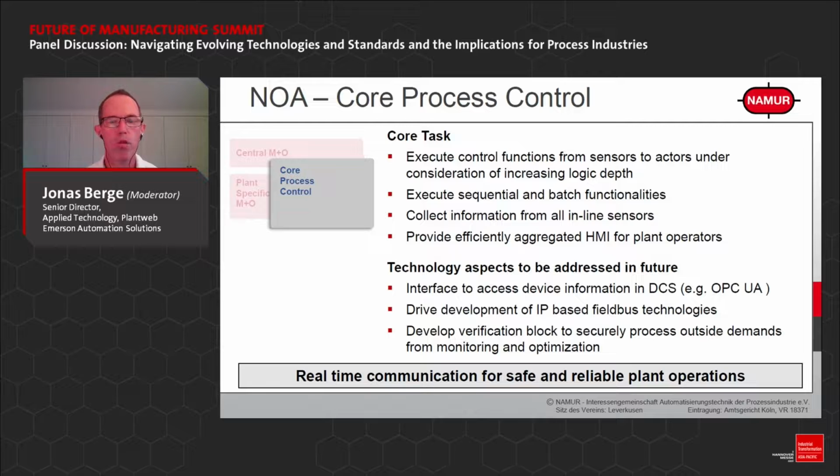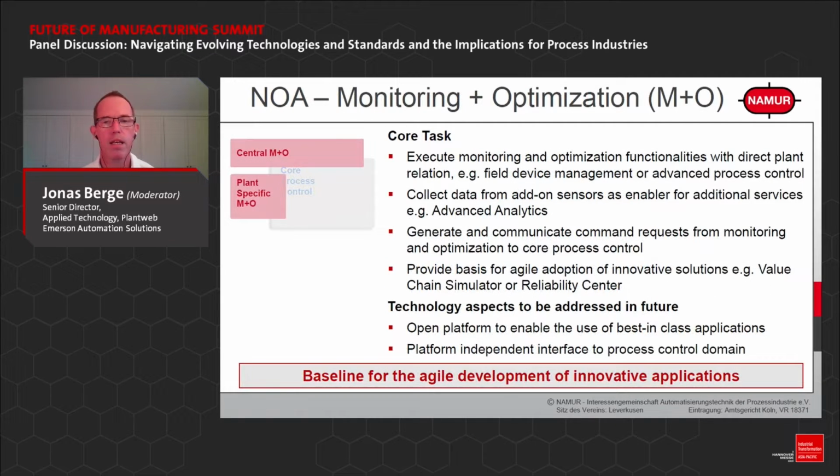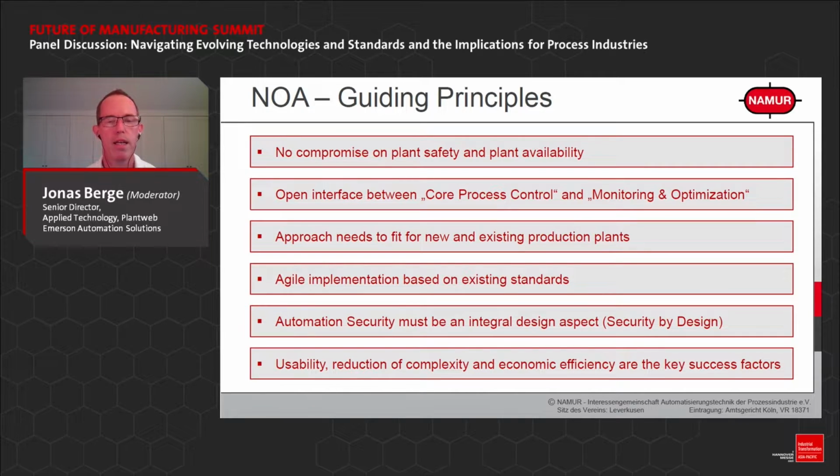So the core process control remains robust. We're not changing that. The new sensors and analytics apps for the 4th industrial revolution sit in the monitoring and optimization security zone. As a result, we're not compromising plant safety or plant availability.